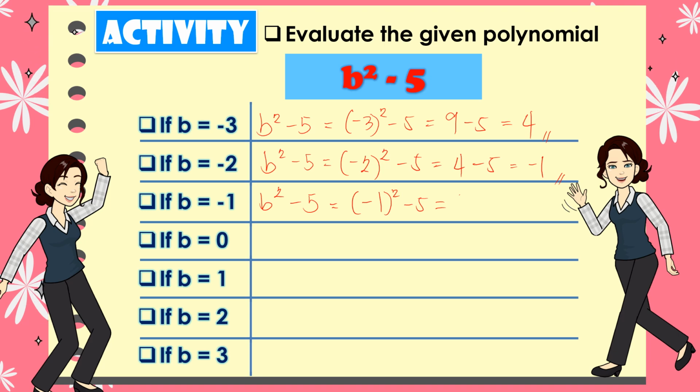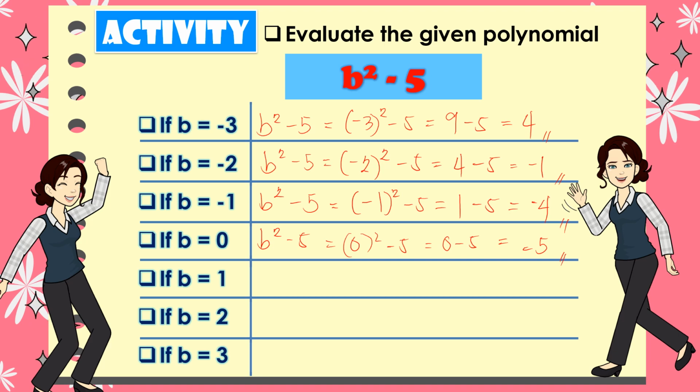That is positive 1 minus 5. 1 minus 5 is negative 4. Now, what will happen to the expression if b is equal to 0? Okay, let us plug in. So, 0 squared minus 5 is equal to 0 minus 5. The answer is negative 5.